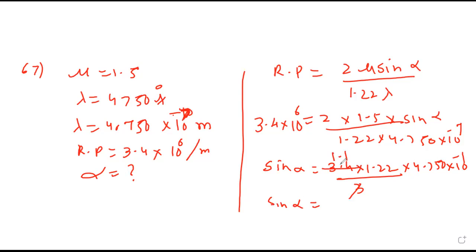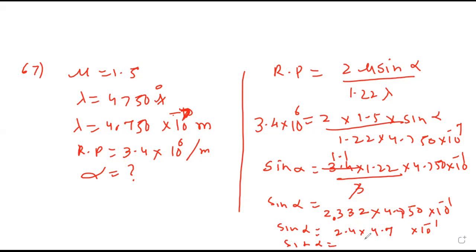So sine alpha equals 2.332 into 4.75 into 10 raised to minus 1. You can make this 2.3 or 2.4 approximately, and that 4.7, it will come close. What is 24 into 7?